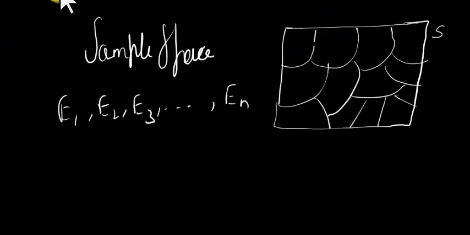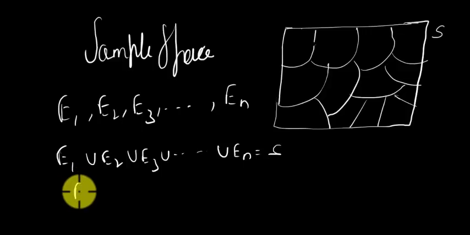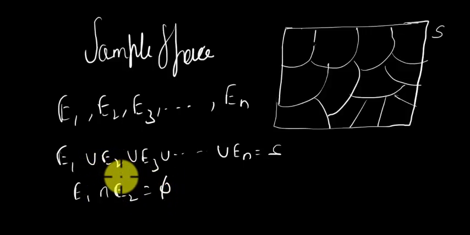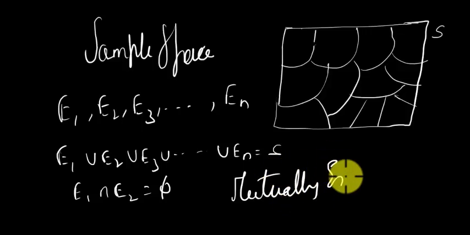So E1 union E2, union E3, and so on, union En, is going to give me the sample space. And the intersection of any two events is always going to be a null set. You pick up any two randomly and take the intersection; it's never going to overlap, and hence it's going to be a null set. These events are mutually exclusive events, isn't it? Because the intersection is a null set.